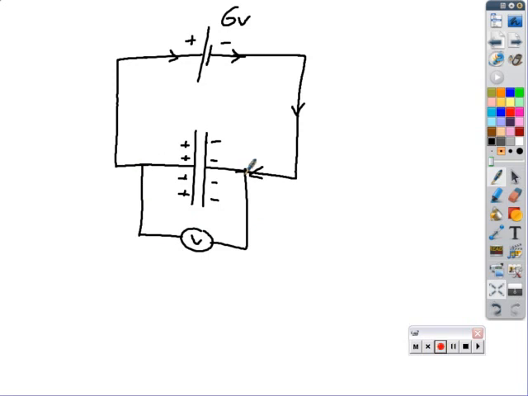Now, if potential difference is like the energy per coulomb of charge, then you've got current, which is flow. What's going to happen to the flow of the charge as the potential difference across the capacitor gets to 6 volts? Looking at the diagram, when this gets to 6 and this gets to 6, this is trying to push electrons out this way and this is trying to push electrons out this way.